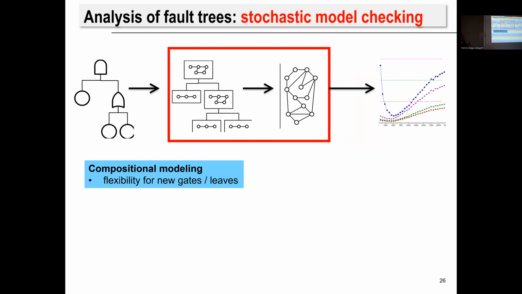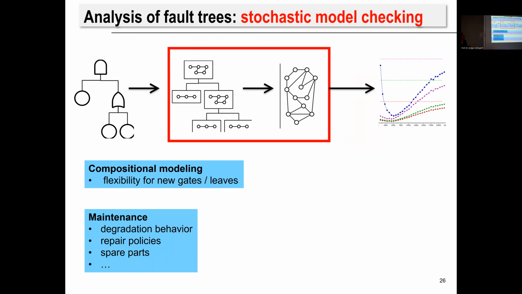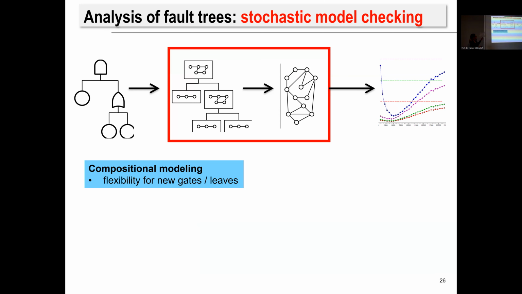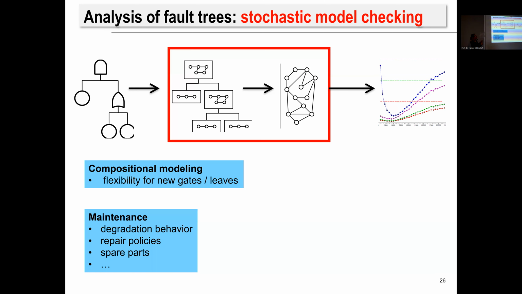Each fault tree element, each gate, and each leaf gets its own Markov model, and then we compose it all together. This helps especially if you want to be more flexible. If someone comes up with a new gate, you only have to come up with a Markov model for that gate, and then everything works again.